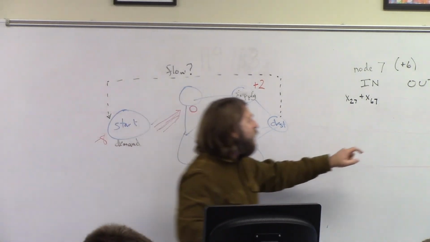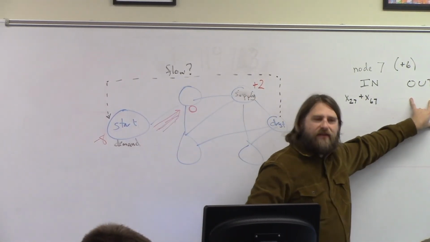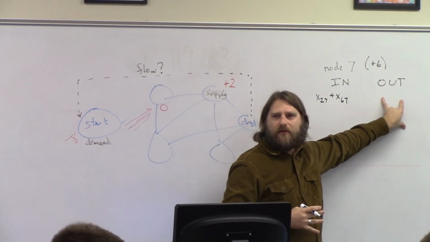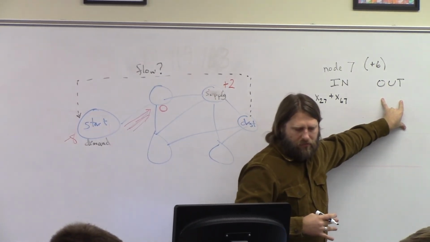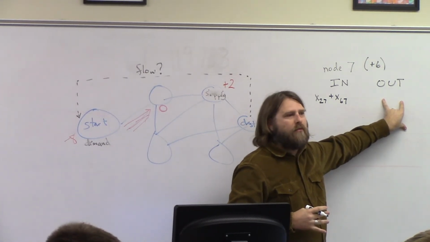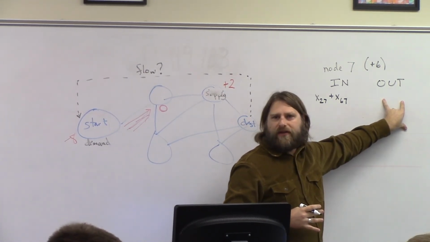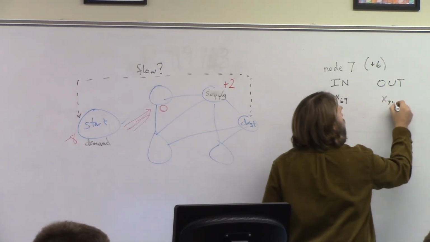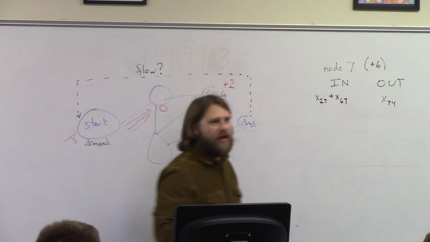Okay, what's the output from 7? Where can 7 send its cars to? There's only one place, right? 4. So x 7 4. Okay?